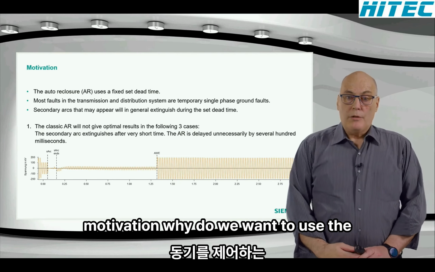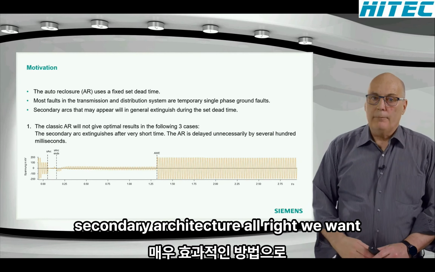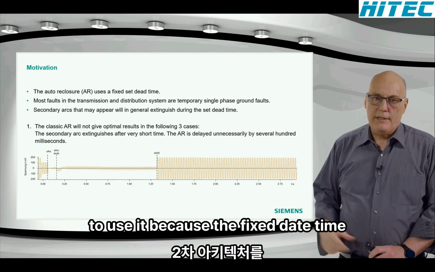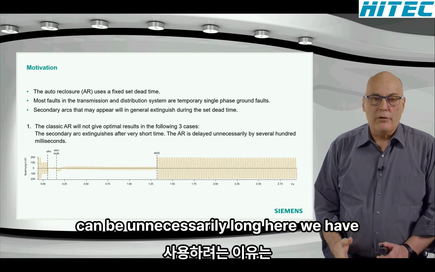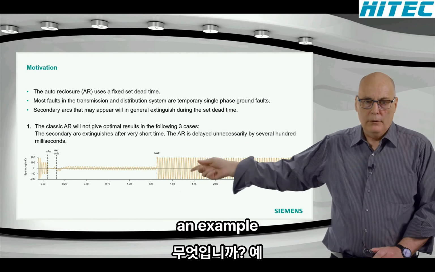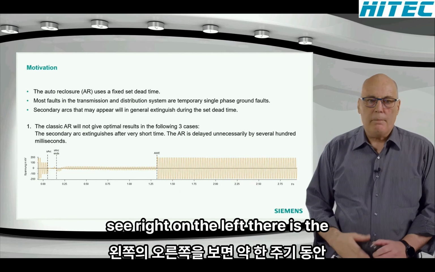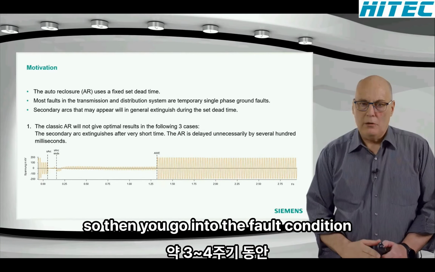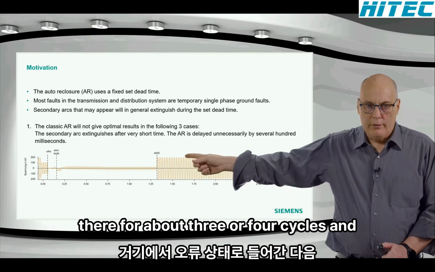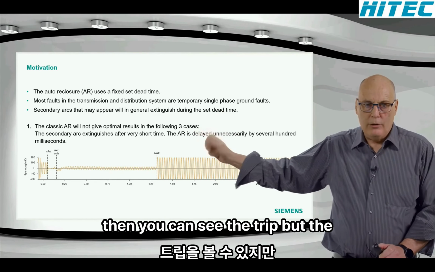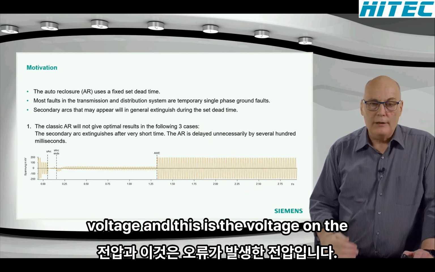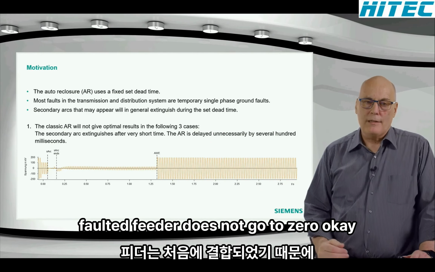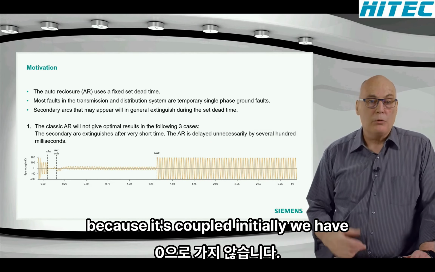Motivation. Why do we want to use the secondary arc detection? We want to use it because the fixed dead time can be unnecessarily long. Here we have an example. Right on the left is the pre-fault condition for about a cycle or so. Then you go into the fault condition for about 3 or 4 cycles. And then you can see the trip. But the voltage, and this is the voltage on the faulted feeder, does not go to 0, because it's coupled.